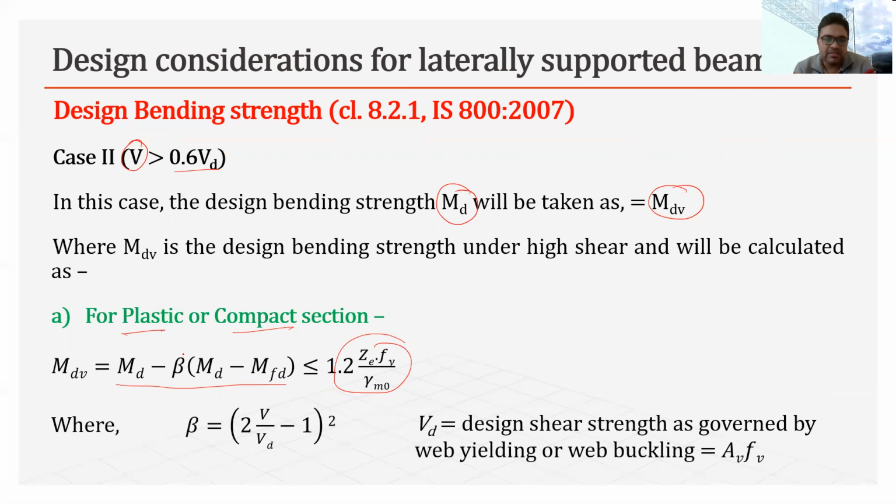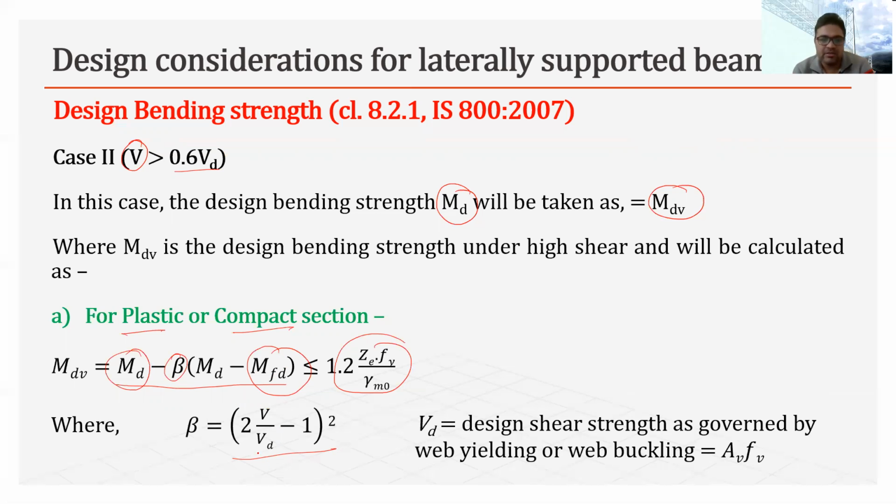In this equation there are some new terms. MD is the same value that we have calculated in the previous case, and the new terms being added are MFD and beta. Now how do we find out beta? Beta is calculated by using this equation, and MFD I will show you in the next slide.